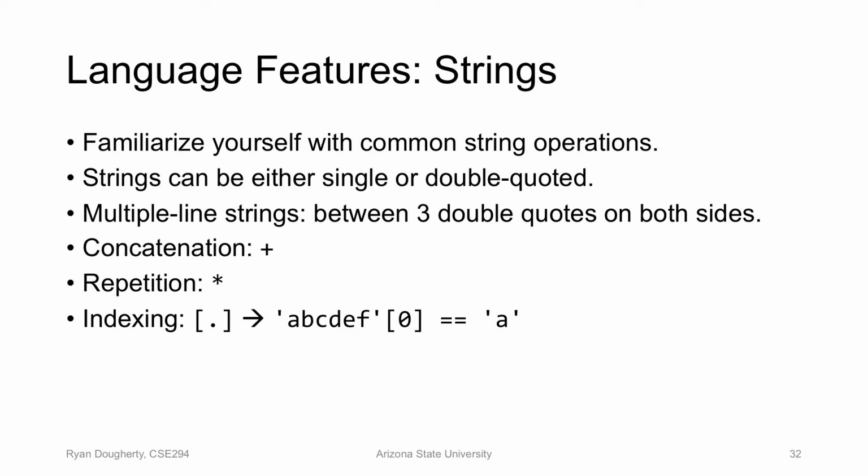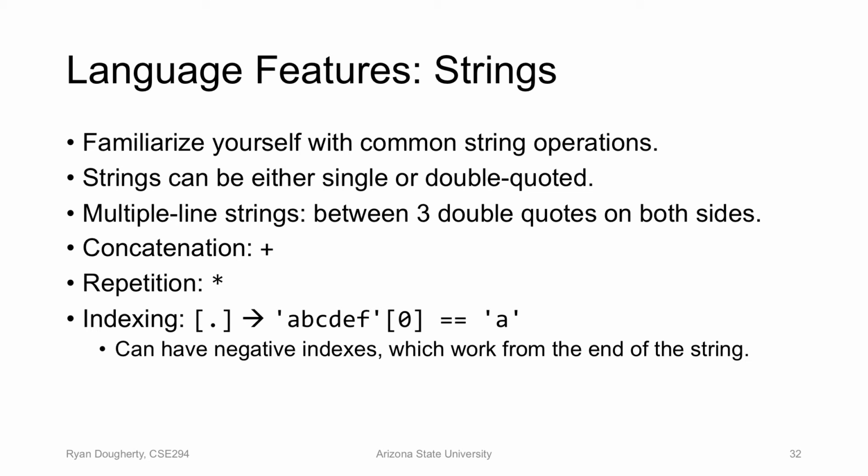We can index into a string, just like in Java. But instead of using a method, we actually use the square bracket operator, like how arrays work, because strings are basically arrays of characters. So we can index into it, and it returns us the particular character. We can have negative indexes, which is really cool.